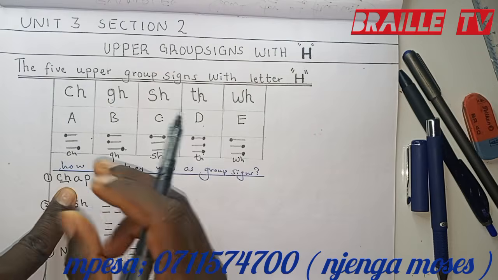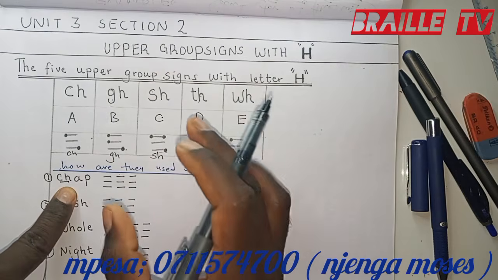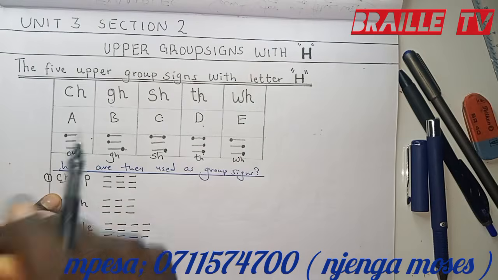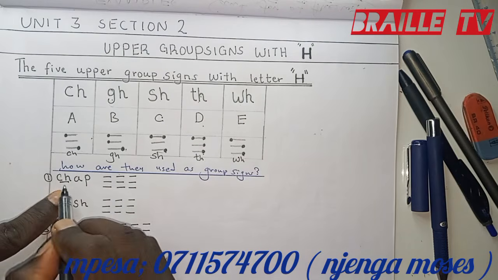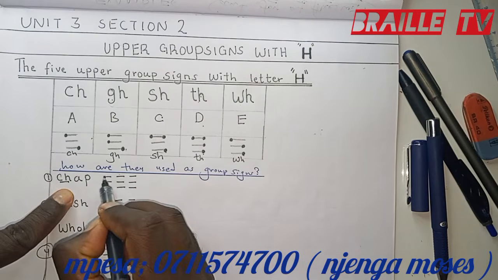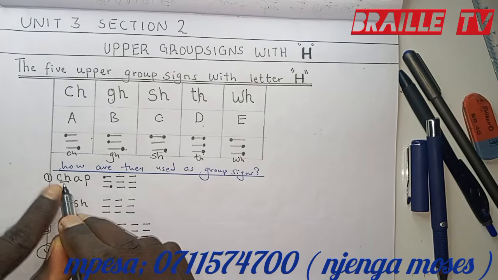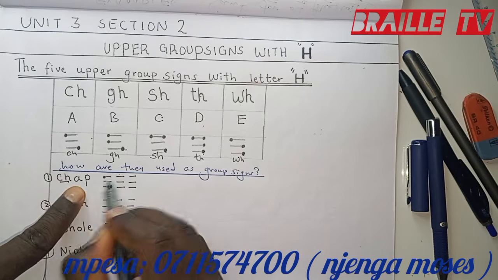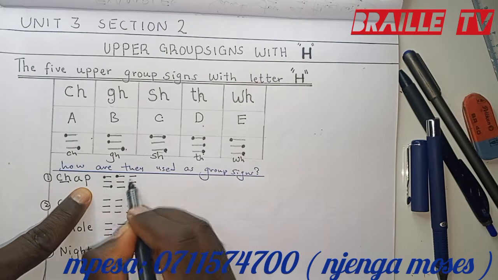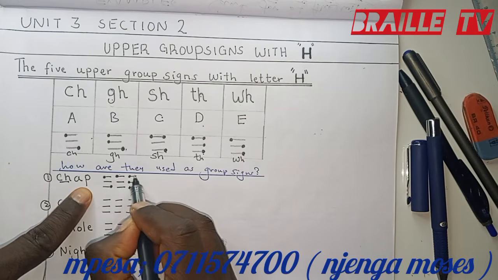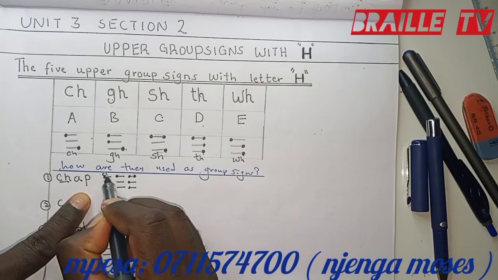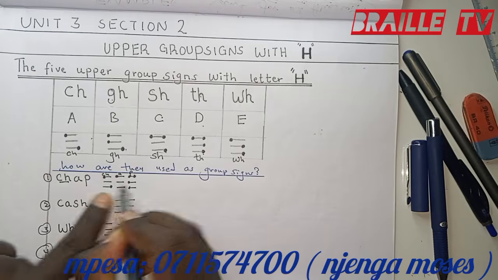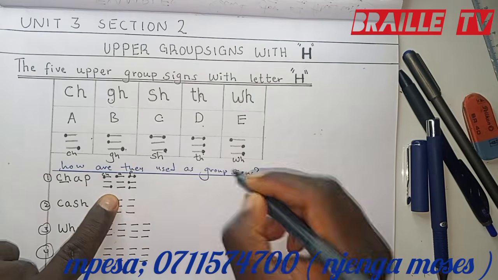So CH is dots 1, 6, and it is a group sign in this word, and then you spell out A and P. So basically this is CH, A and P, chap. CH has been used as a group sign.